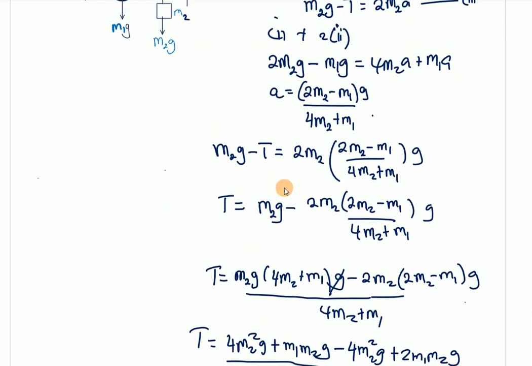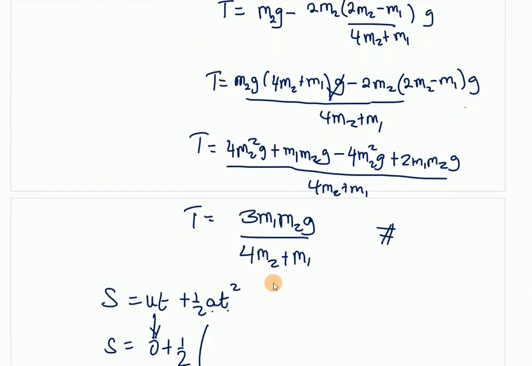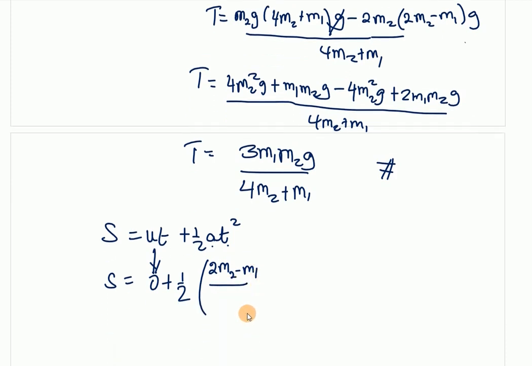It is 2M2 minus M1 divided by 4M2 plus M1, then multiplied by G, then multiplied by T squared.